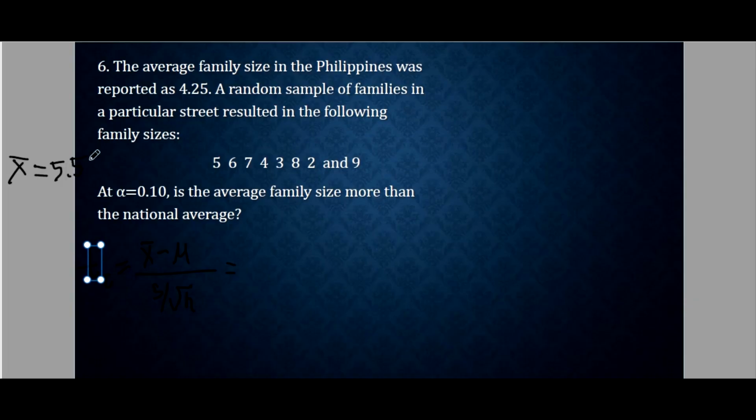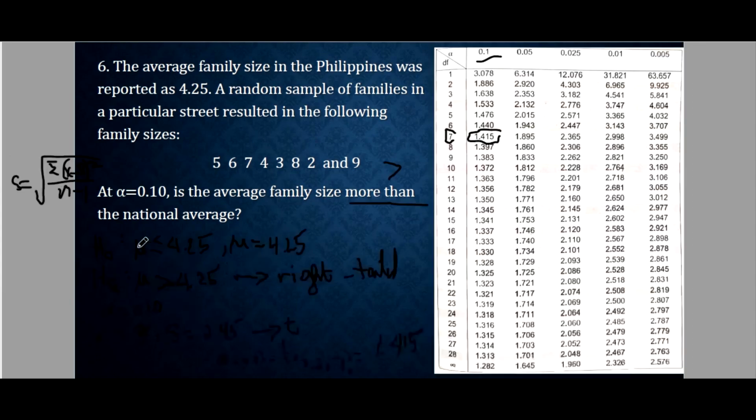You just add 5 plus 6 plus 7 plus 4 plus 3 plus 8 plus 2 plus 9 and then divide by 8. I will substitute 5.5 minus the population mean, which is here in our hypothesis, 4.25.